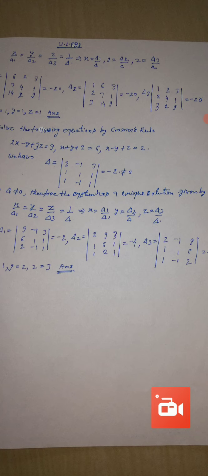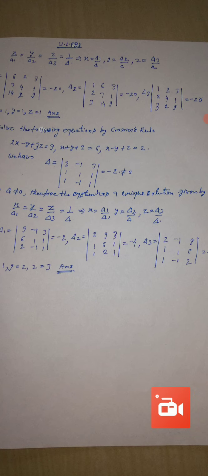This implies x is equal to delta 1 upon delta, y is equal to delta 2 upon delta, and z is equal to delta 3 upon delta. Here you have delta 1 as the determinant with first row 6 2 3, second row 7 4 1, and third row 14 2 9, and its value comes out to be minus 20.